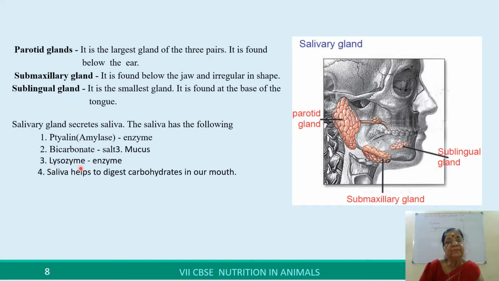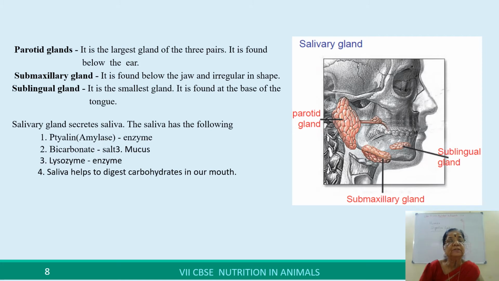So lysozyme is another secretion which acts upon the food to kill harmful microorganisms. And saliva helps to digest carbohydrates in our mouth. So this is about the salivary glands.